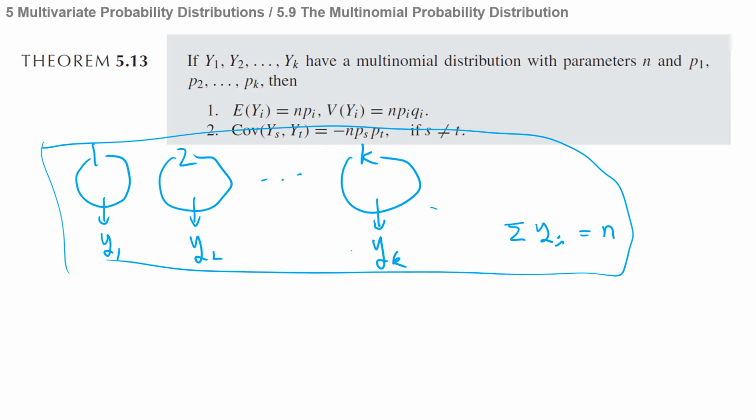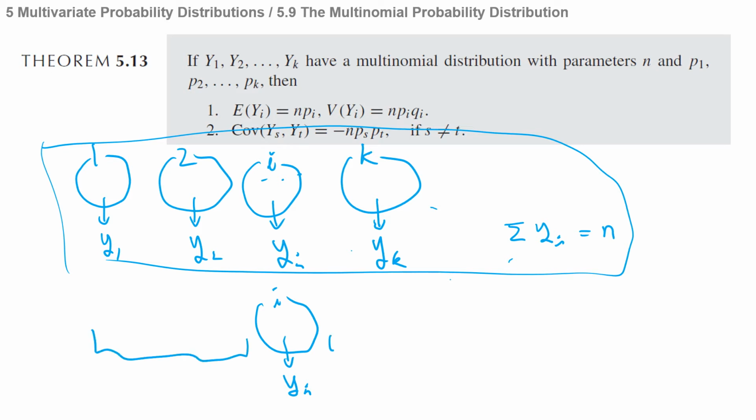Let's say we have the ith event, Yi. So here's the ith cell, and we have Yi items. We only focus on the ith event. So here's the ith cell, and the other cells, which hold the other n minus Yi events.